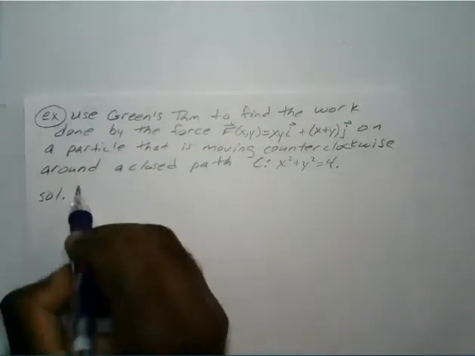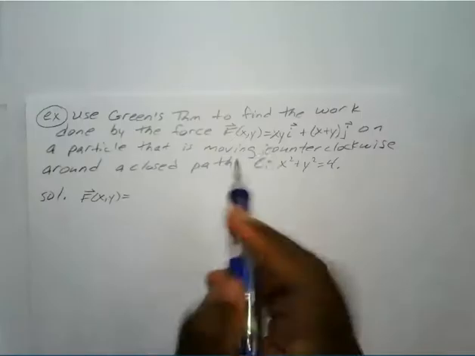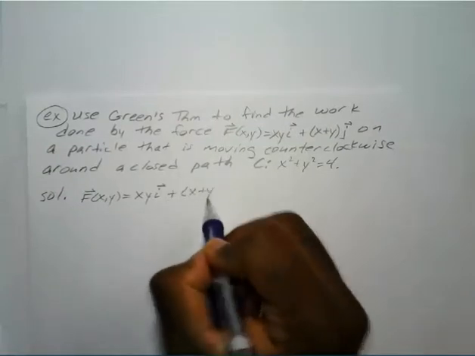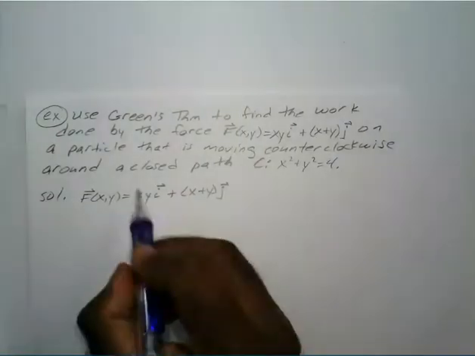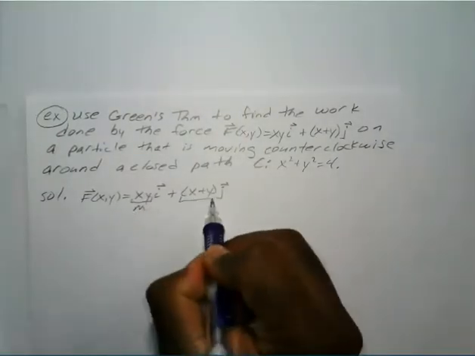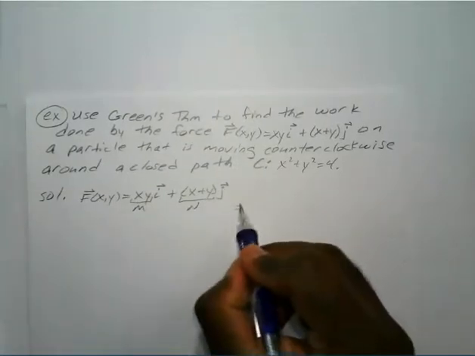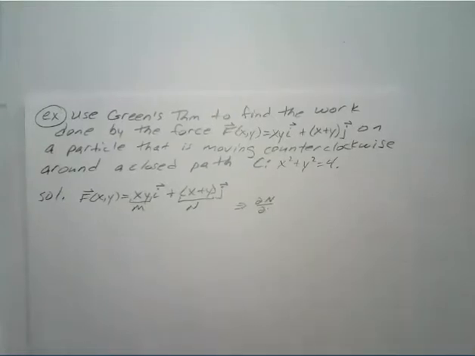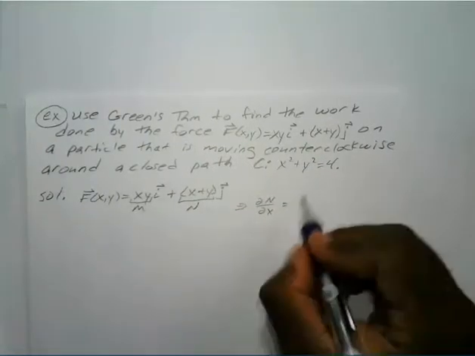Okay, so we know our F of x, y is equal to xy times the i unit vector plus (x + y) times your j unit vector, where of course this is your M and this is your N. So that means your partial of N with respect to x, that's going to equal 1.